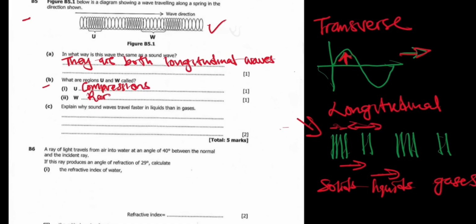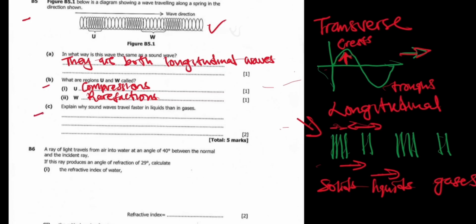So these are rarefactions. So make sure you understand that. For transverse waves, you have crests and troughs. Whereas in longitudinal waves, you have compressions and rarefactions. So make sure you know the differences.